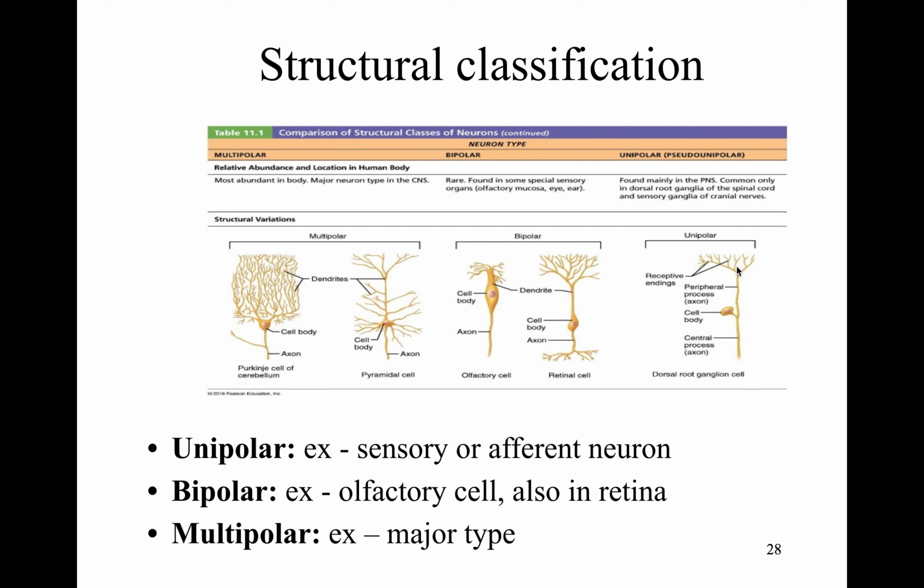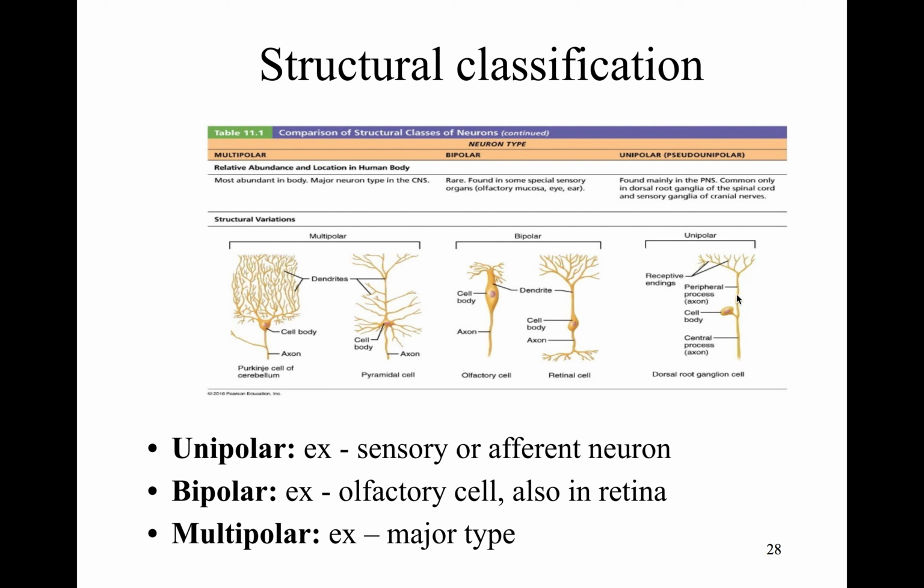The other side of the axon is going to have a specialized region called receptive endings. These receptive endings are associated with receptors so that they can receive sensory information from those receptors. So in a unipolar neuron, there's really only a single cellular process, and that's the axon.